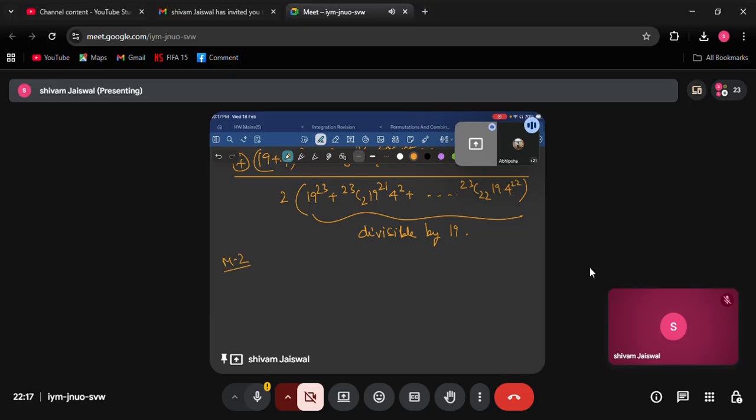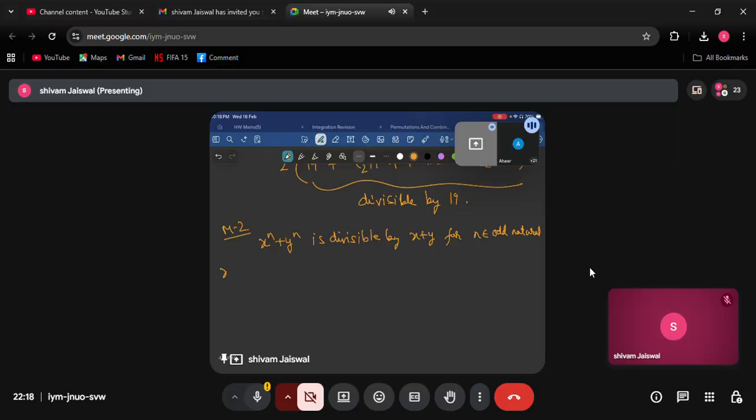If you remember, x to the power n plus y to the power n is divisible by x plus y, and n is odd, for n belongs to odd natural numbers. You know this.